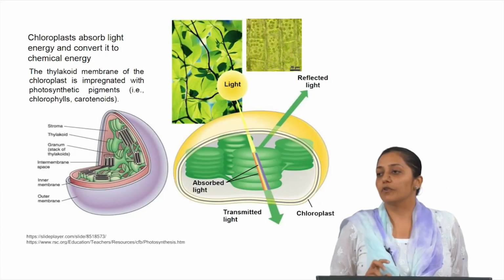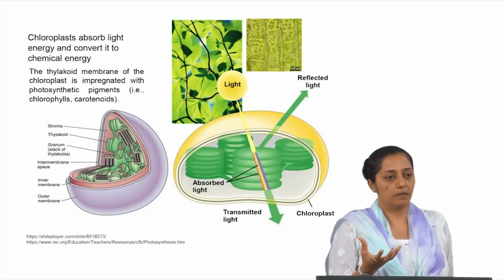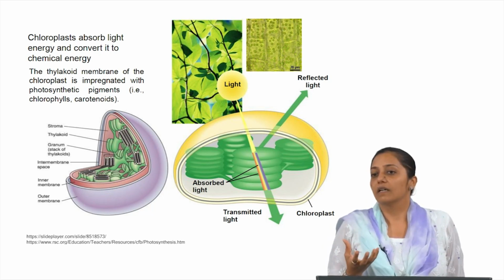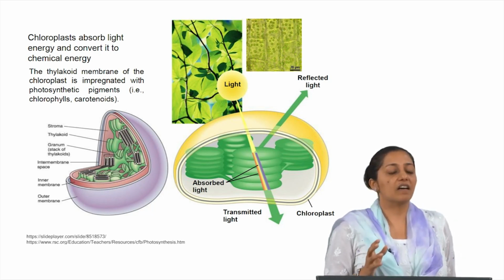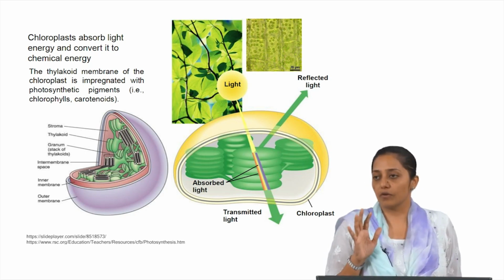So, what happens in photosynthesis? You know that it happens in chloroplast in plants. Now, chloroplast membranes are rich in a green colored pigment which is called chlorophyll.